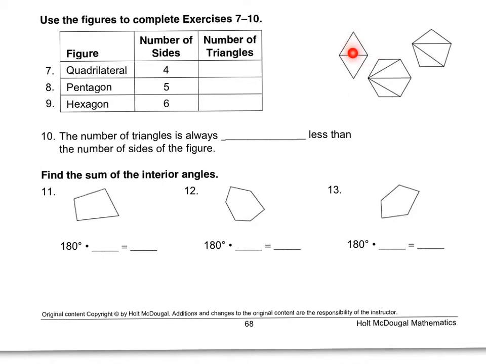Now, you could have gone from here to here as well if you wanted to. But this is something very important. You cannot do both. Do you see how I have 2 diagonals inside this kite that actually intersect? That's a big no-no as far as finding the sum of the interior angles.